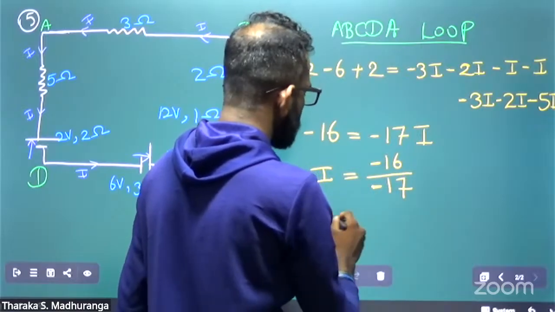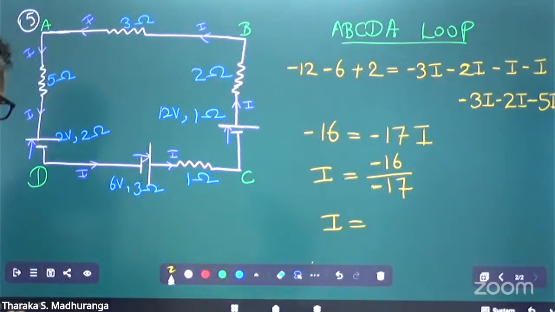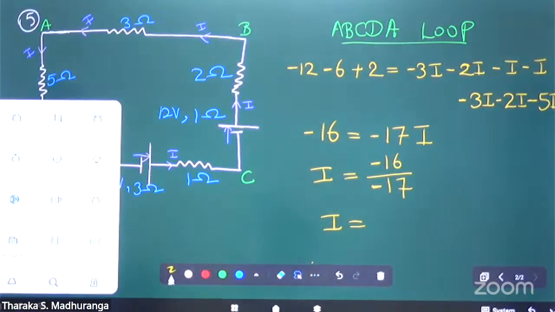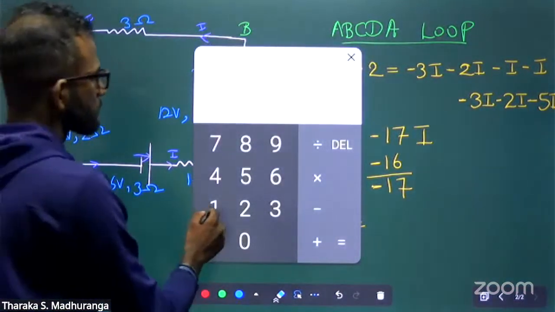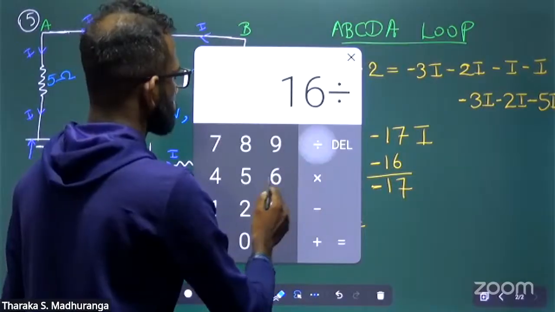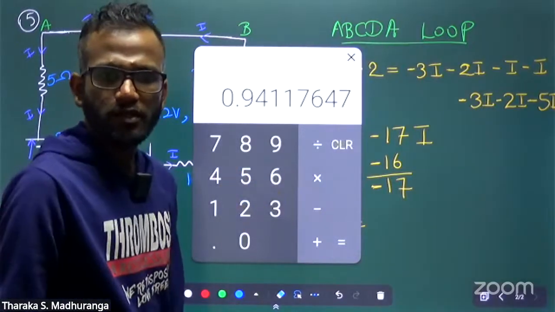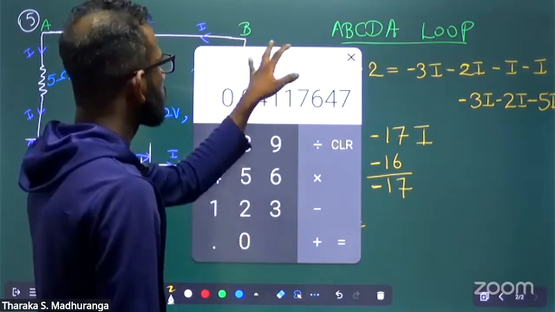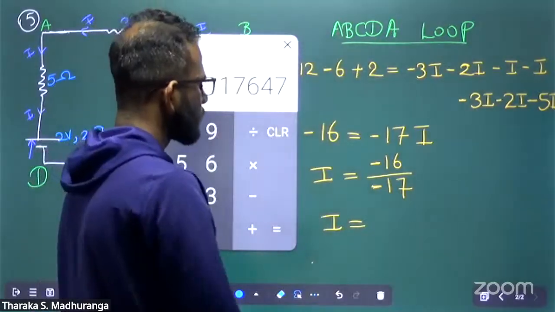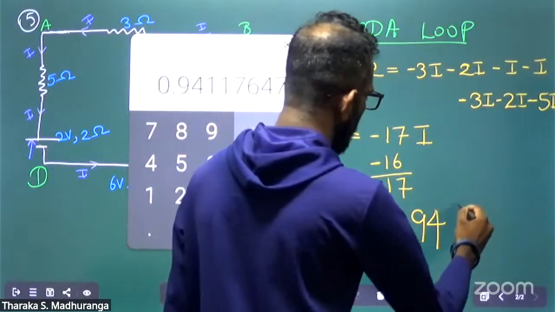Then minus to minus cancel. 16 over 17, 0.94. Good. 0.94. Good. Two to three answers correct. 0.94 ampere.